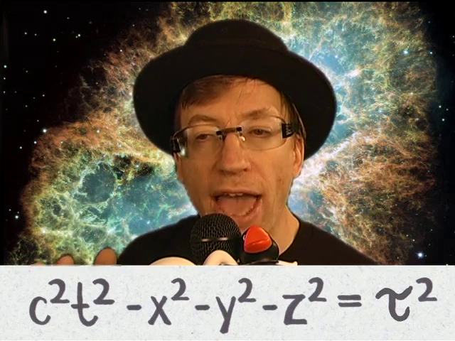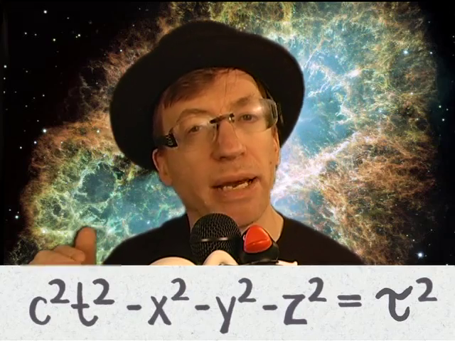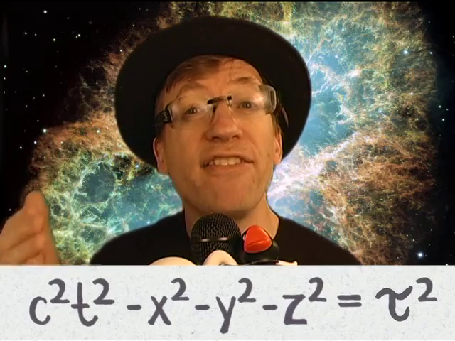So the sum of that is c squared t squared minus x squared minus y squared minus z squared. It's like, oh, that's the Lorentz invariant interval. So this whole game of upper versus lower was designed so that when you contract an upper with a lower, you get a Lorentz invariant. It was all designed to do that.